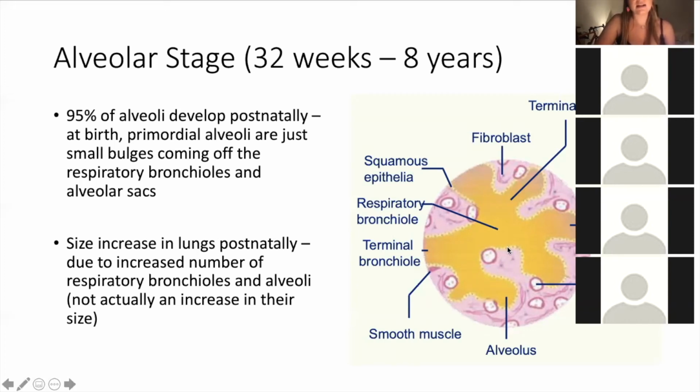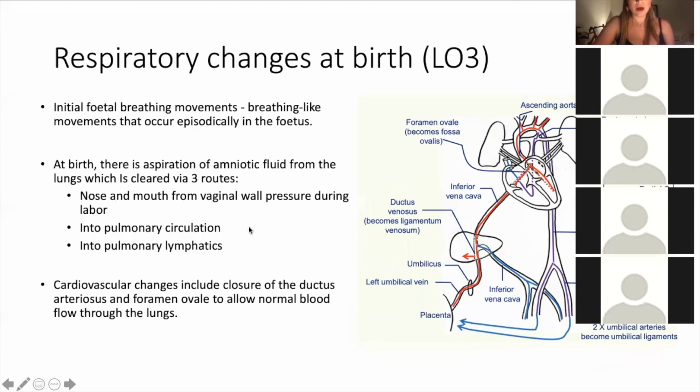Important to note that there is a size increase in the lungs postnatally, but this isn't actually due to the lung tissue itself. It's due to an increased number of these respiratory bronchioles and alveoli forming. Yeah, so the fourth stage needs to be aware of.